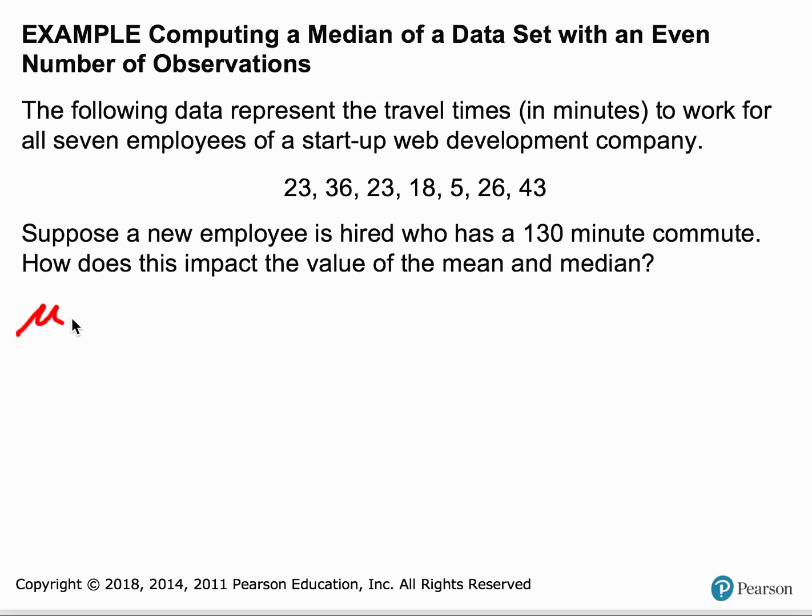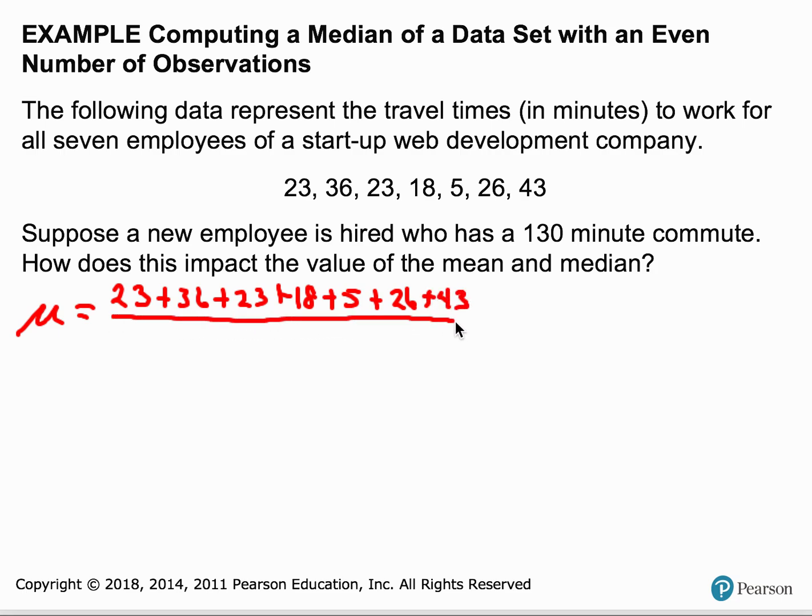All right, so the mean is 23 plus 36 plus 23 plus 18 plus 5 plus 26 plus 43, all over 7. Should have kept this information from a while ago, but that's okay. Let me just redo it right quick.